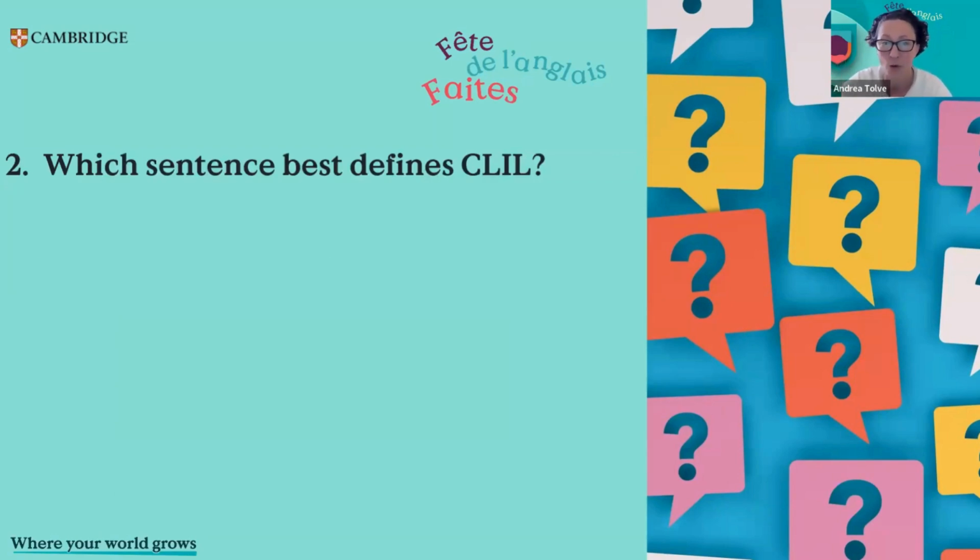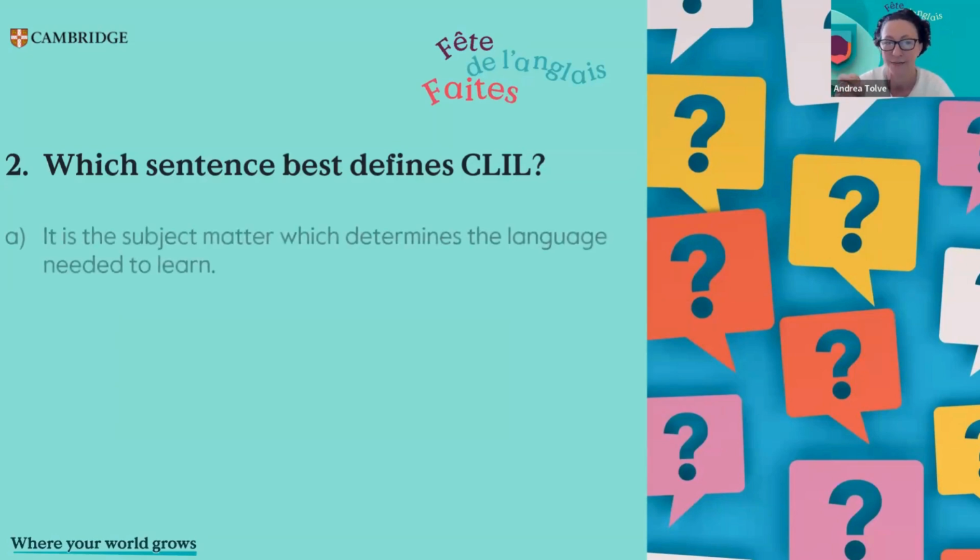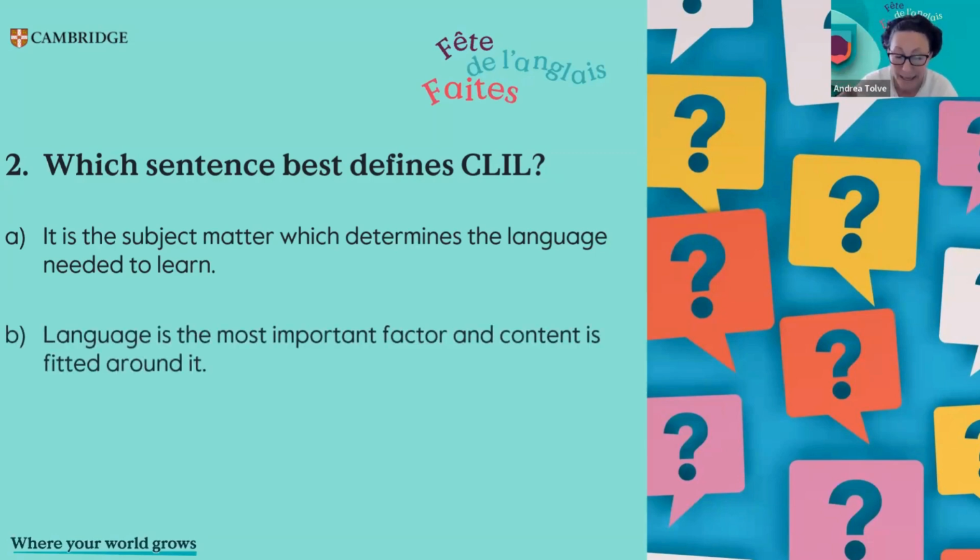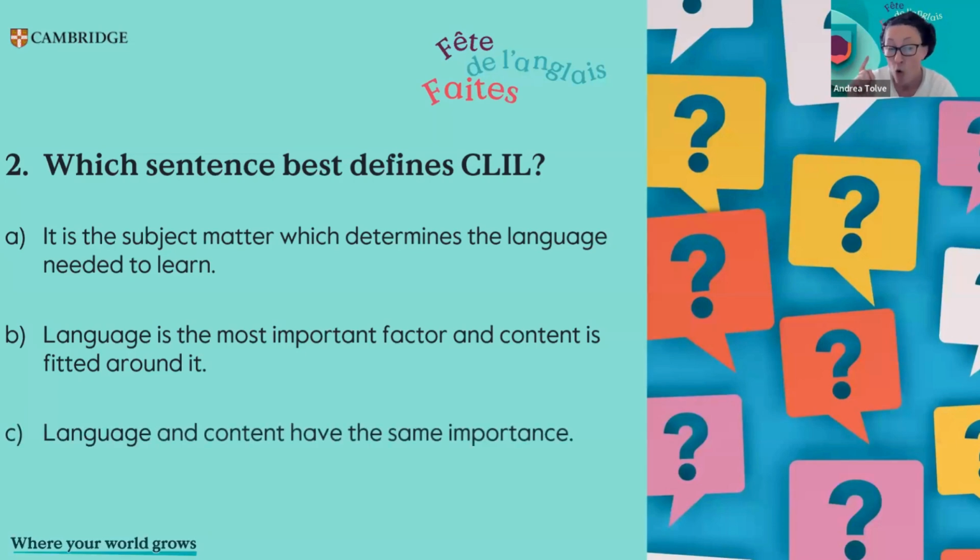So here comes the second question. Which sentence best defines CLIL? A, it's a subject matter which determines the language needed to learn. B, language is the most important factor and content is fitted around it. Or C, language and content have the same importance. Question 2.